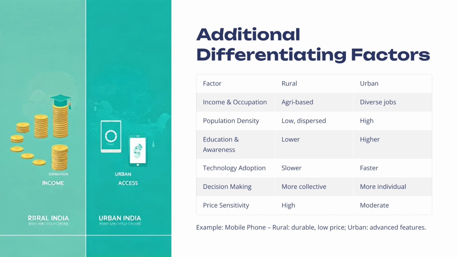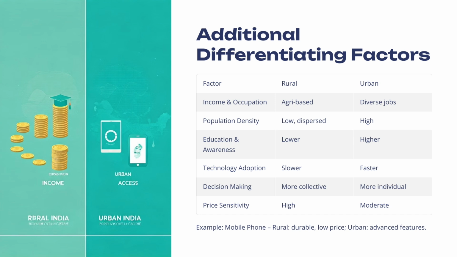Population density is another key difference, with urban areas being much more crowded than the often sparsely populated rural settlements, which impacts how products are distributed and how easily markets can be reached. Education and awareness levels can also vary, which can influence how quickly people adopt new products and how they respond to marketing messages.